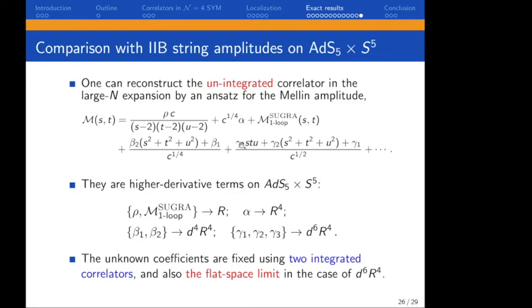So if we include the flat space limit, then there are 3 conditions for these 3 unknown functions, and we can also fix them. That's the result I showed you at the beginning of the talk. For the other cases, the flat space limit can be taken as an independent check, because, say for this case, I have 3 conditions if I include the flat space limit for 2 unknown functions. And indeed, we find the answer is consistent.